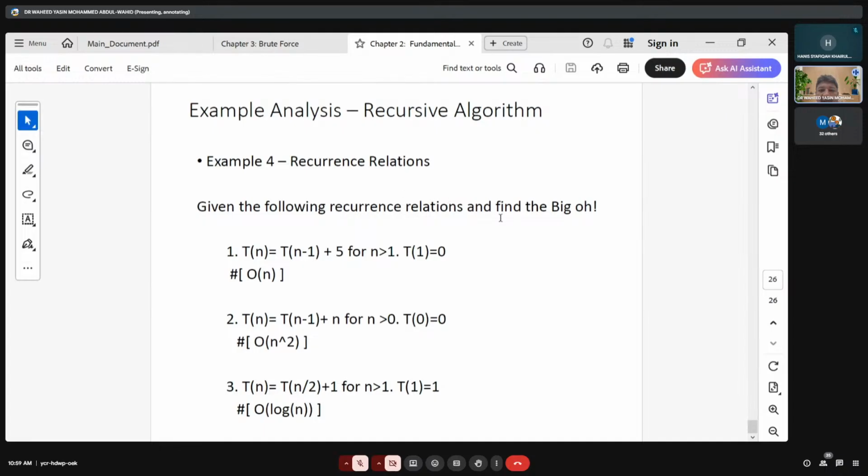Given the following recurrence relation, find the big O. Tn minus 1 plus 5 for n greater than 0, t0 equals 0, or n power 2. Here tn by 2 plus 1, t1 equals 1, O log n. We had some examples and we did some exercises this week in our tutorial.